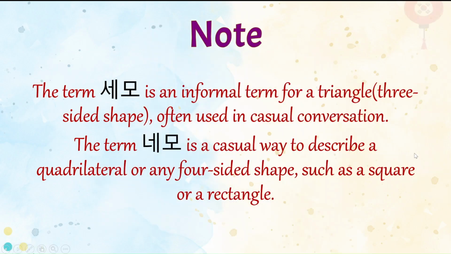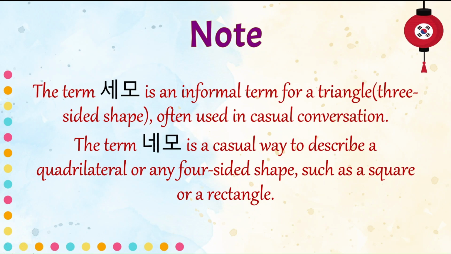Next comes a very important note that you should know if you are learning Korean language and you want to know what words are used in a casual conversation. So, the term semo is an informal term for a triangle or a three-sided shape, and it is often used in casual conversation.